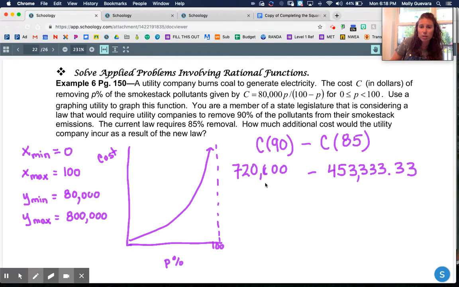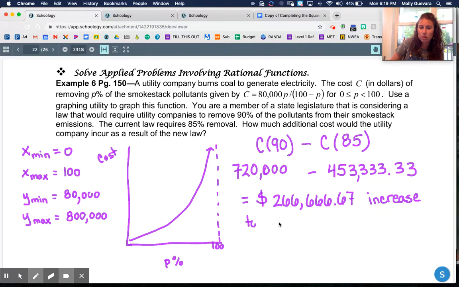So if I subtract those, I get a difference of $266,666.67. That is a major dollar increase, right? Because it's a word problem, so we have to answer in a sentence.